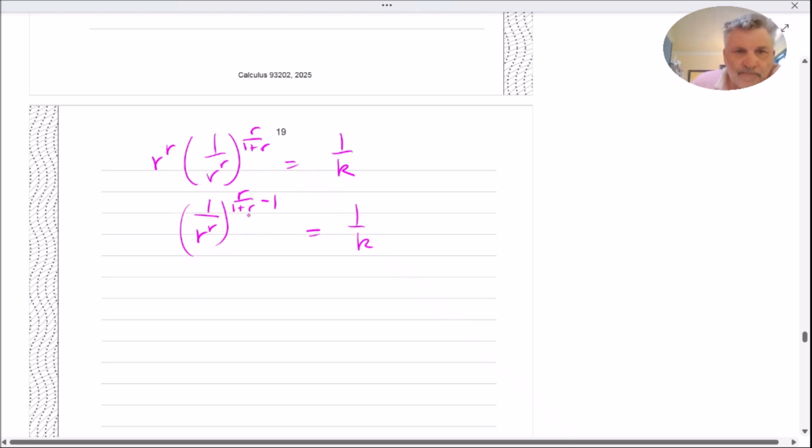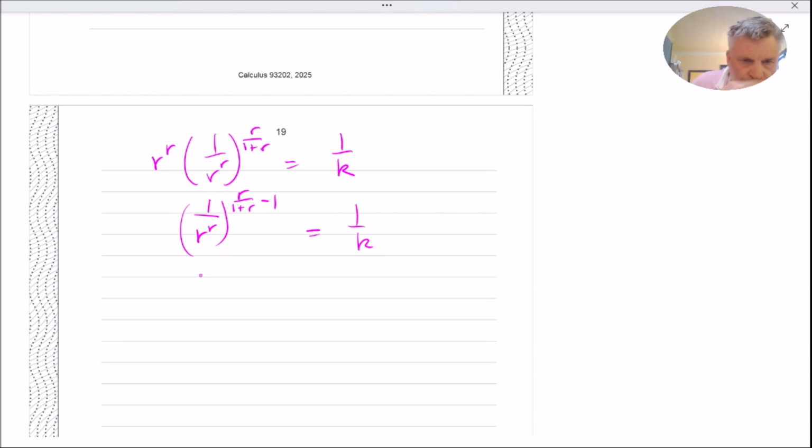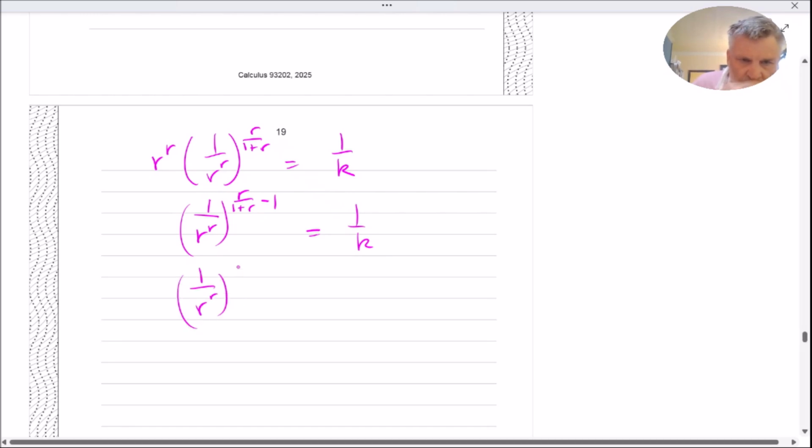And this is 1 over r to the r over 1 plus r minus 1 plus r over 1 plus r minus r, they cancel. So you get left with minus 1 over this, so that's 1 over r to the power of r to the power of minus 1 over 1 plus r. And that minus is just saying we've got this thing flipped upside down, so that's 1 over k as required.